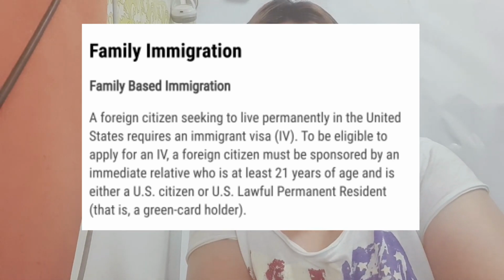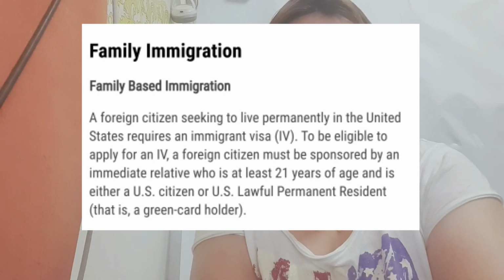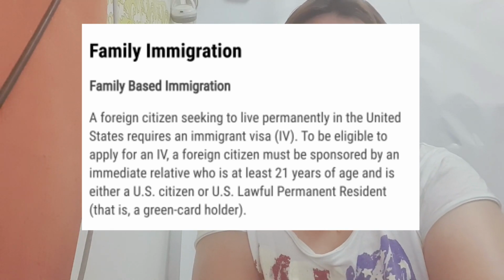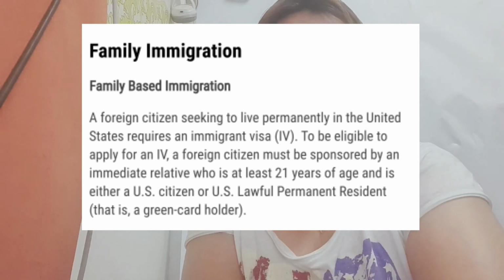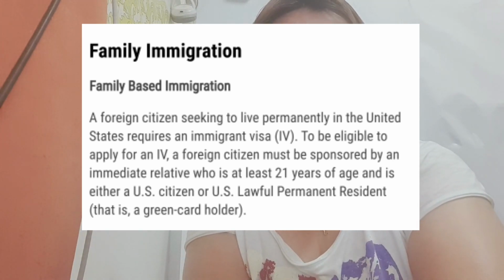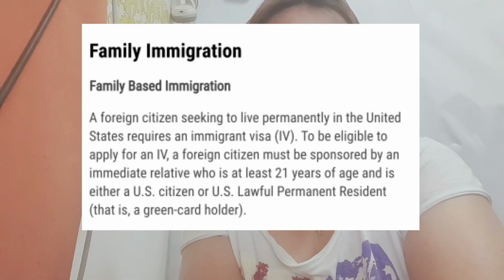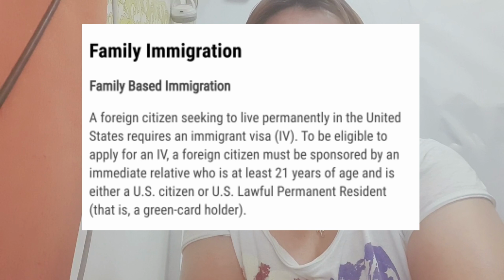They require what we call the immigrant visa. To be eligible to apply for an immigrant visa, a foreign citizen must be sponsored by a relative who is at least 21 years of age and is either a US citizen or a lawful permanent resident, or the holder of a green card.